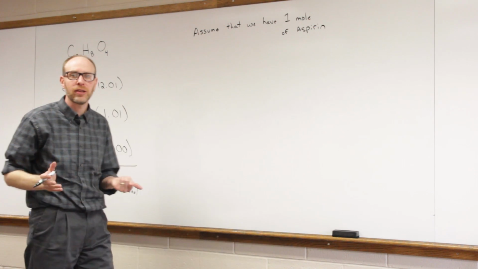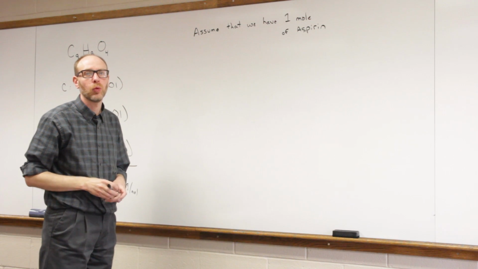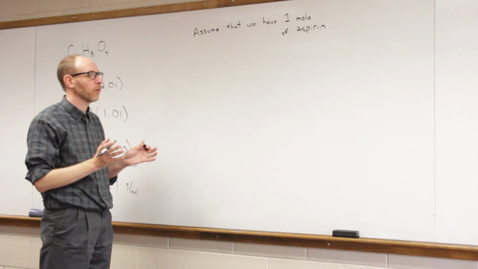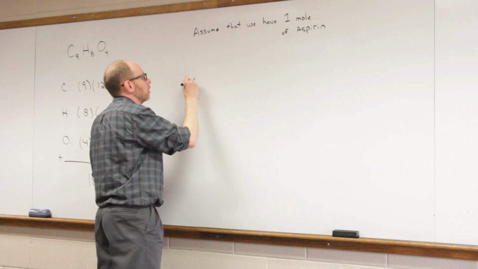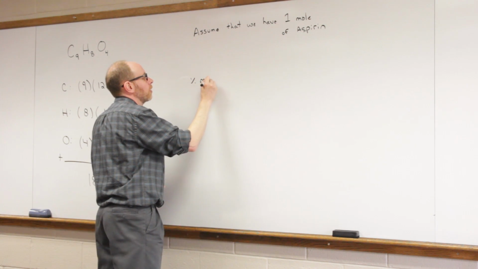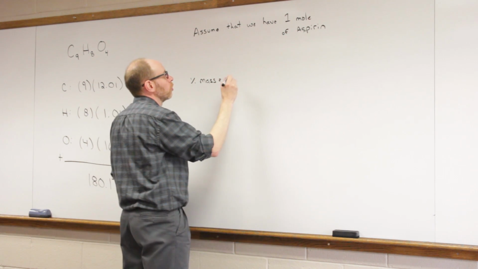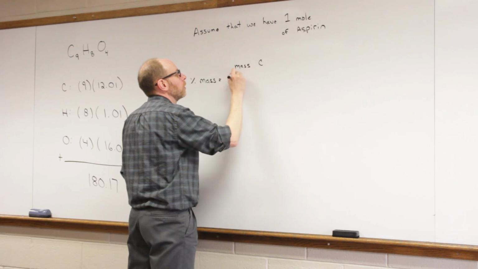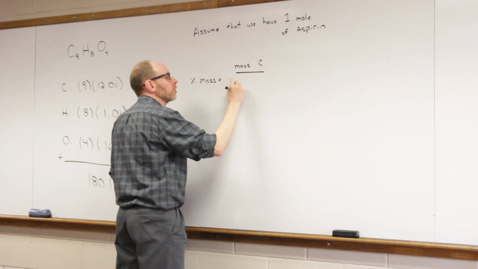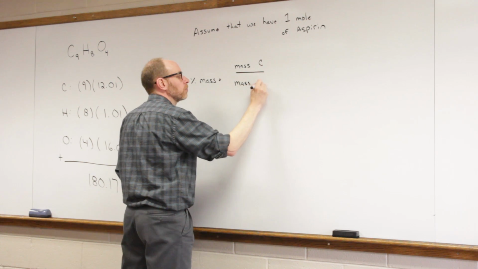Now this is a percent problem, so we are going to be calculating a percent. Remember, any percent, but in this case percent mass, is part over the whole. The part is going to be the mass of carbon, and the whole is going to be the mass of aspirin.